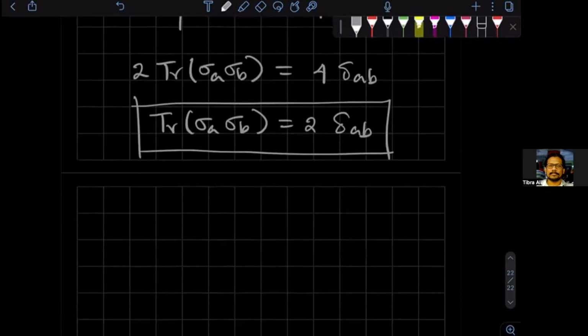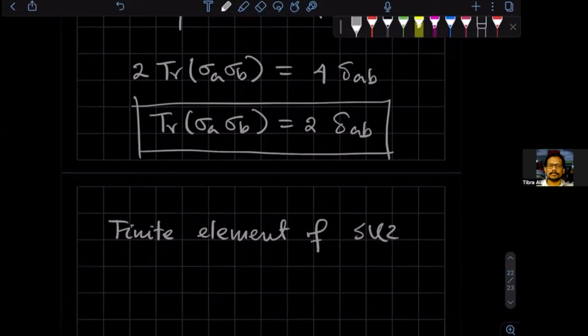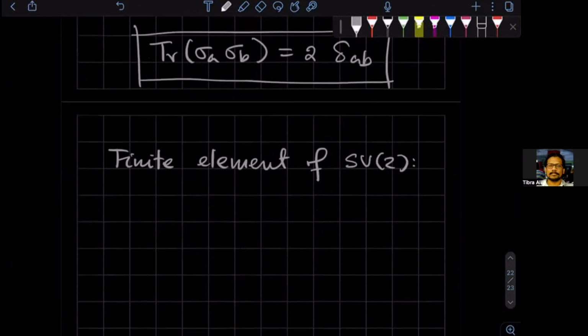Now, if I look at a finite element of SU(2), then we can express this as e to the power i θ⃗ · T⃗.